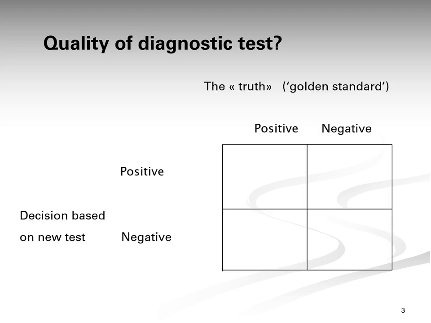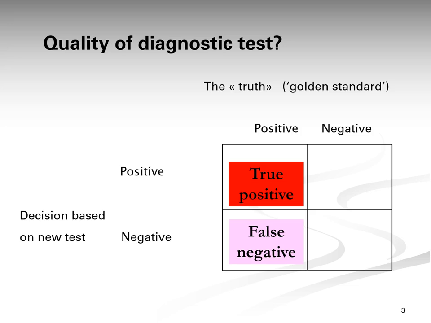Well, if we want to say something about the quality of a diagnostic test, we need to have a standard, or a criterion, to decide whether a person is positive or not. And we use that criterion to see whether our test that we want to evaluate works well.